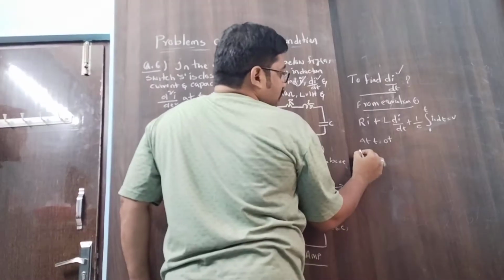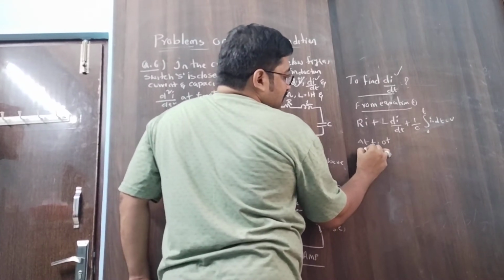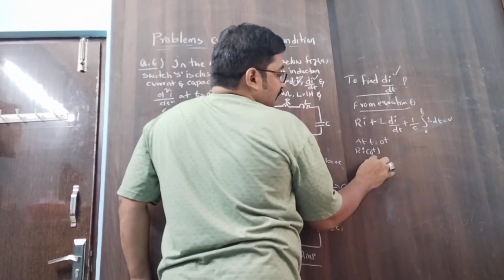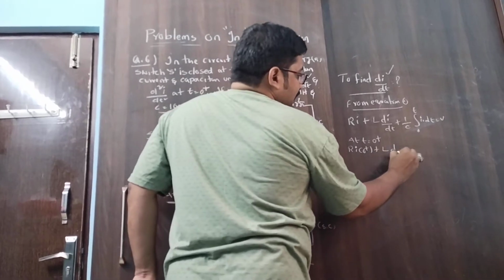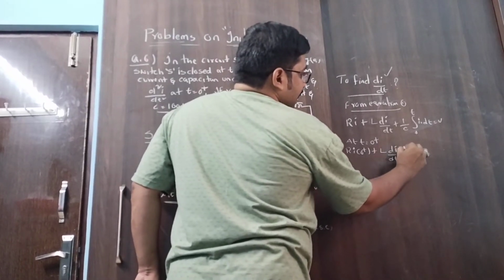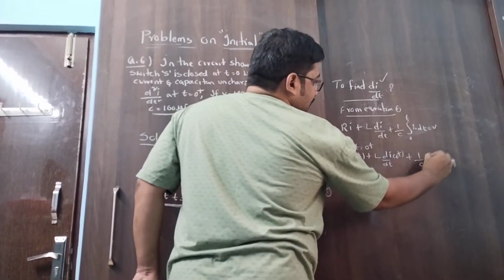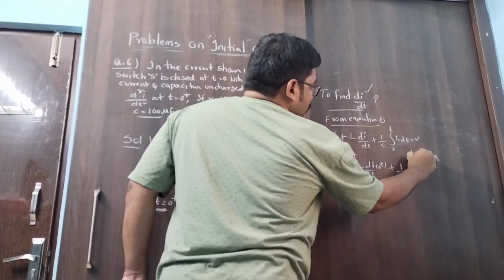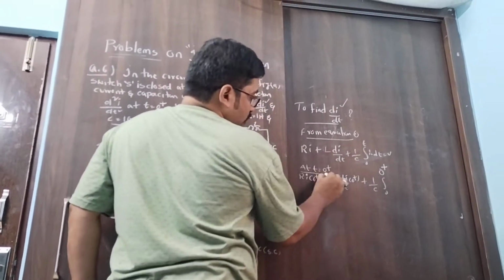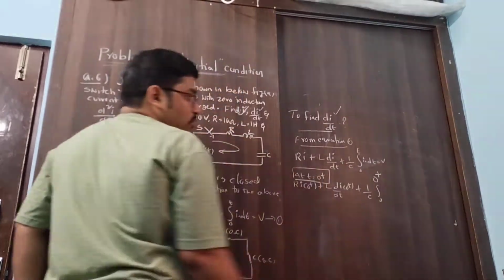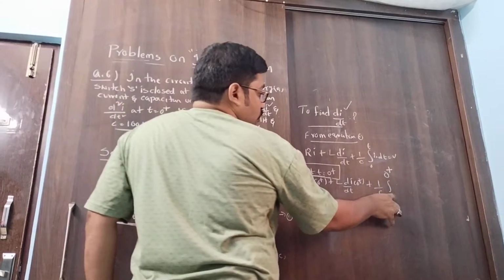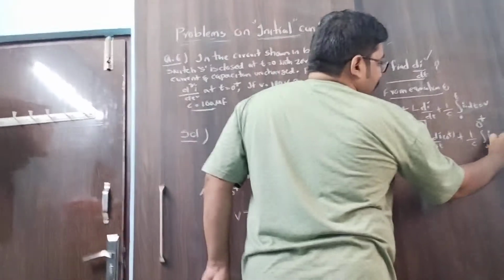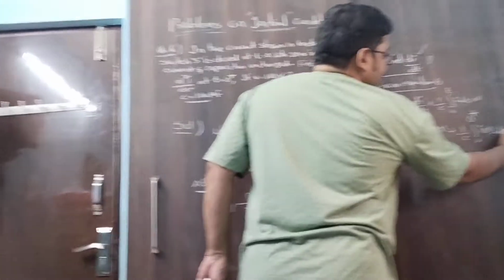So we substitute R into i of 0 plus, plus L into d/dt of i of 0 plus, plus 1/C integral from 0 to 0 plus of i of 0 plus dt, is equal to V.